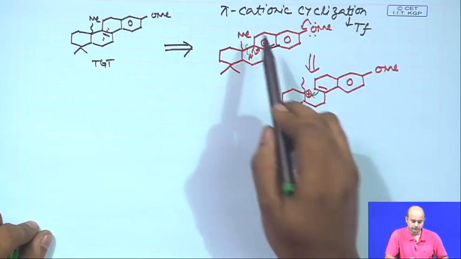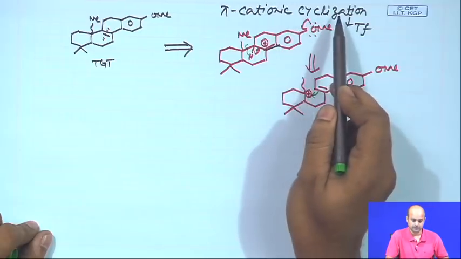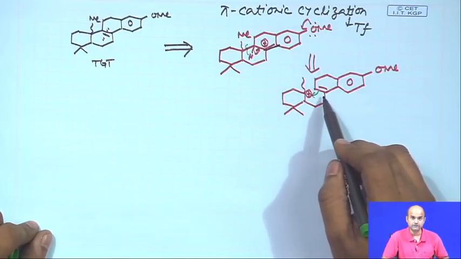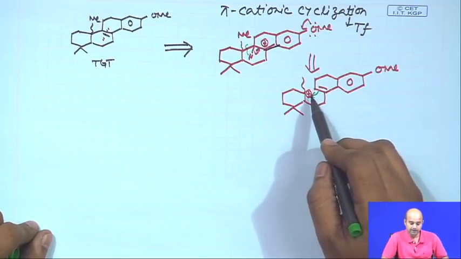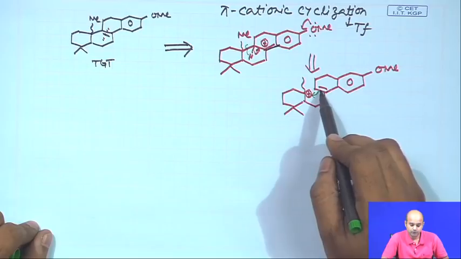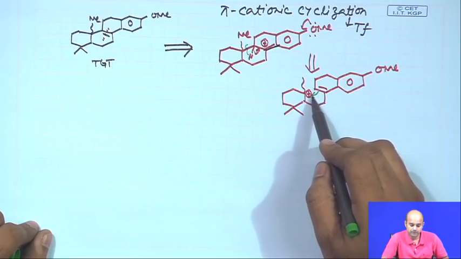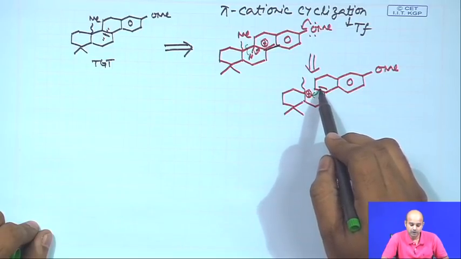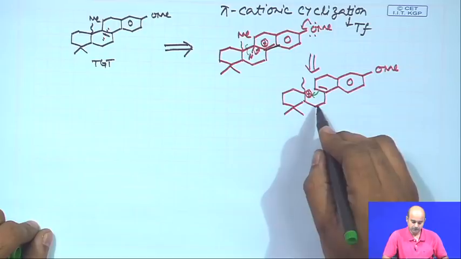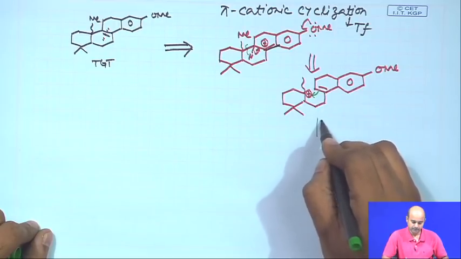That is why its name is pi-cationic cyclization. The carbocations are generated based on their stability, and in close proximity you have a pi electron, which pushes its electrons to quench the carbocation. So, this is one of the intermediates.